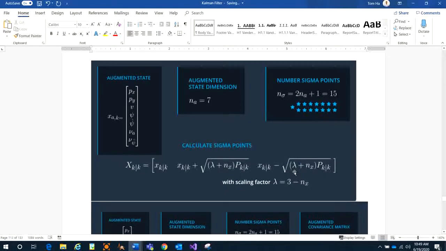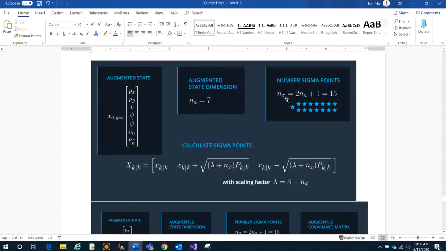And right here we want to add the process noise into the sigma point matrix. So we call it the augmented sigma point matrix. Our augmented state means we include the state vector variables right here, and we add two more variables, mu a and mu yaw acceleration. So the augmented state dimension is equal to 7 right now, okay?